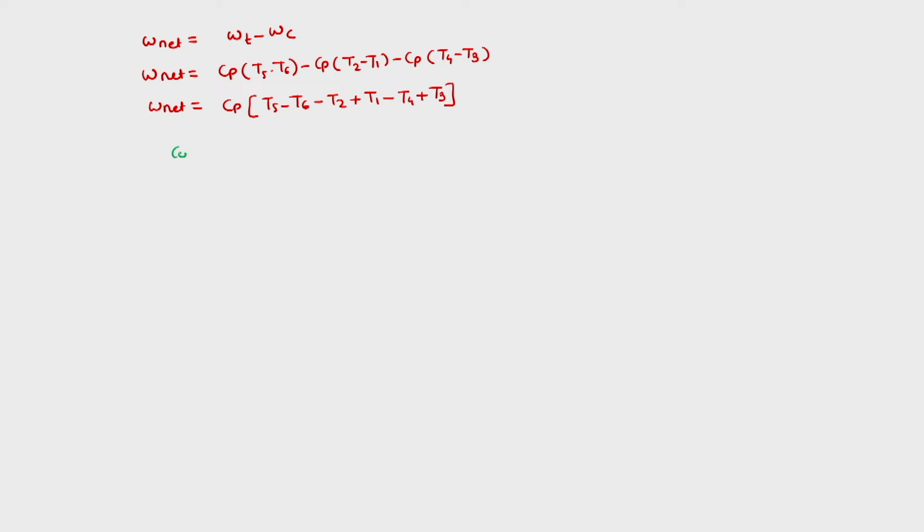So constraints for optimization. The constraints we saw last time were, one, Cp and T1 are known, so constants.